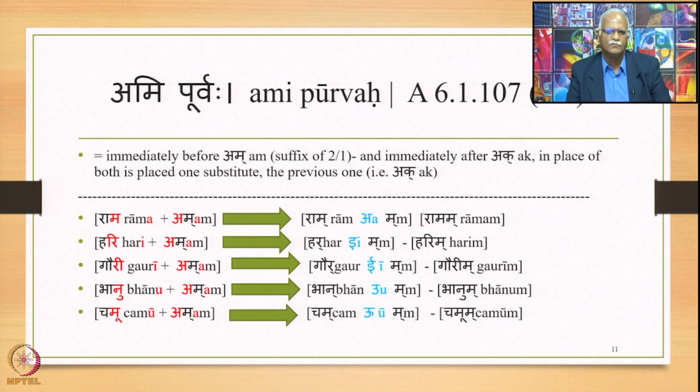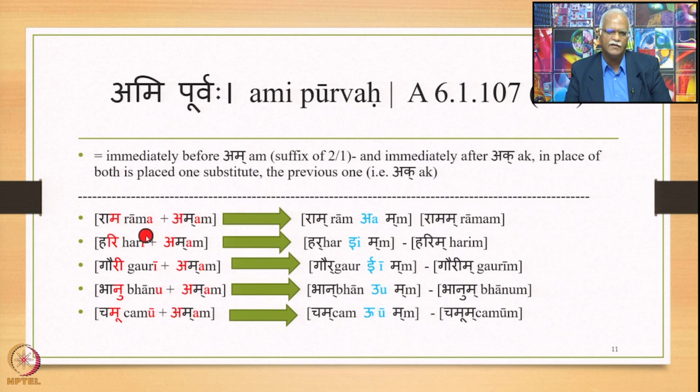Now, let us look at the examples. So, for example, we have Rama plus. This is the dvitiya ekavachana pratyaya, and the final form that we are deriving is Ramam, the dvitiya ekavachana form of the Pratipadika Rama. So when you have Rama plus, there is this and this.